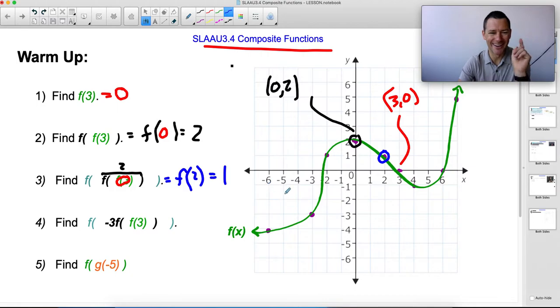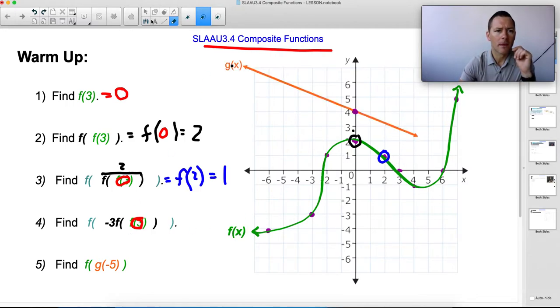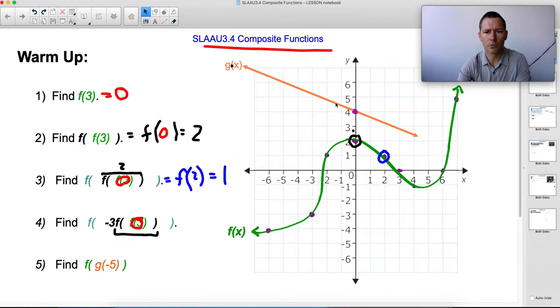Now it starts getting fun. We have f of 3, and f of 3 was 0. Negative 3 times f of 0. Let's clean these up a little bit. I'm evaluating this part: f of 0 is 2.